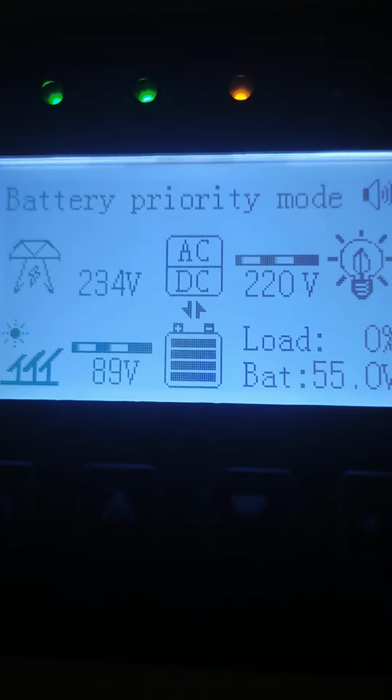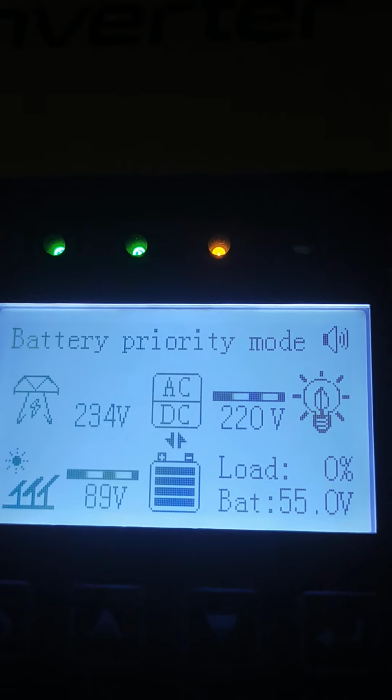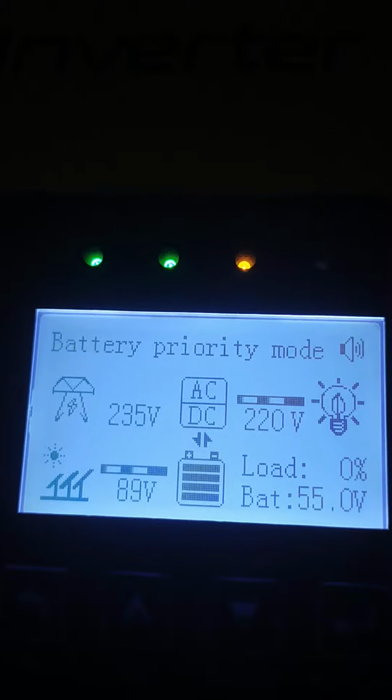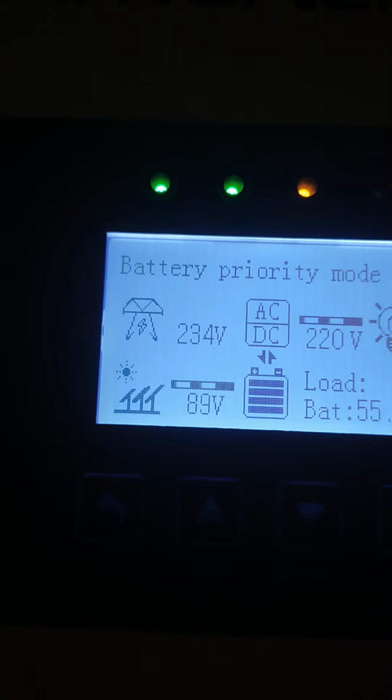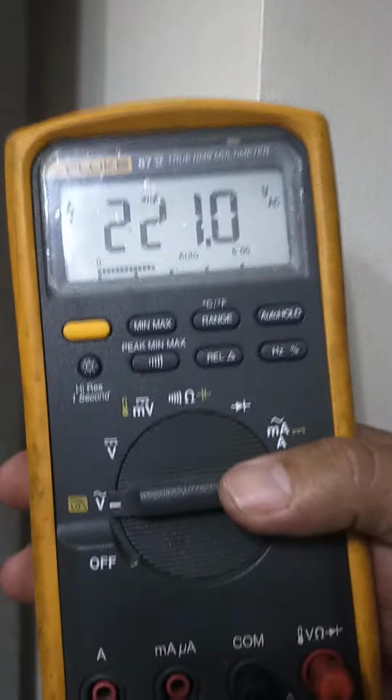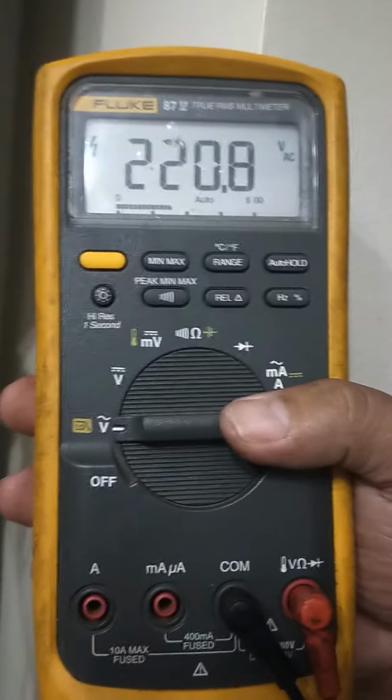Right now, the PV is providing power, we are not yet on output. We're going to activate the output now. Output is 220. Output of the inverter now for the load is 221.